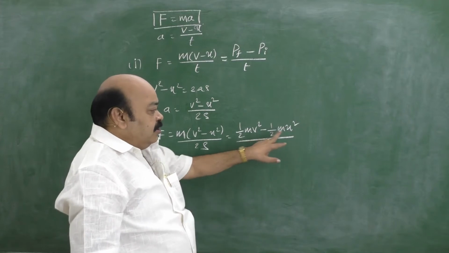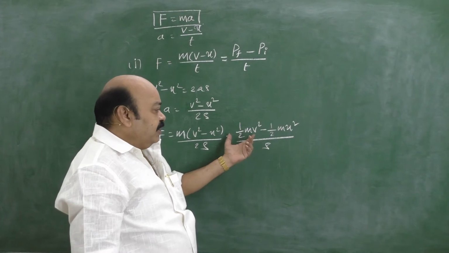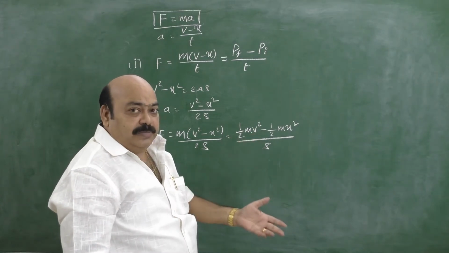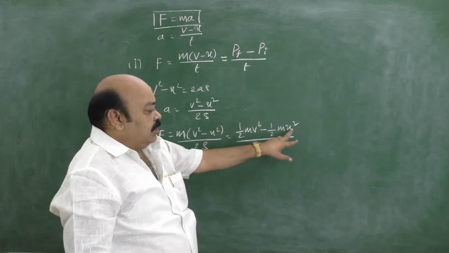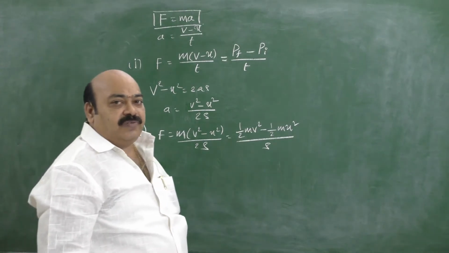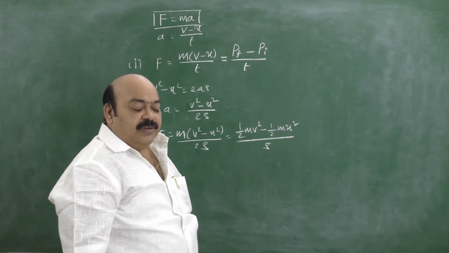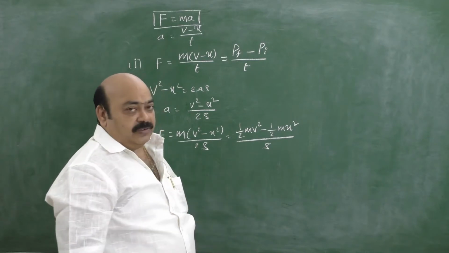In this case, initial velocity is given, mass of the truck is given, then final velocity, it comes to rest, means it becomes 0. Hence, this term becomes 0, and by substituting all these, we can calculate the braking force required. The force which causes the vehicle to stop is called braking force.